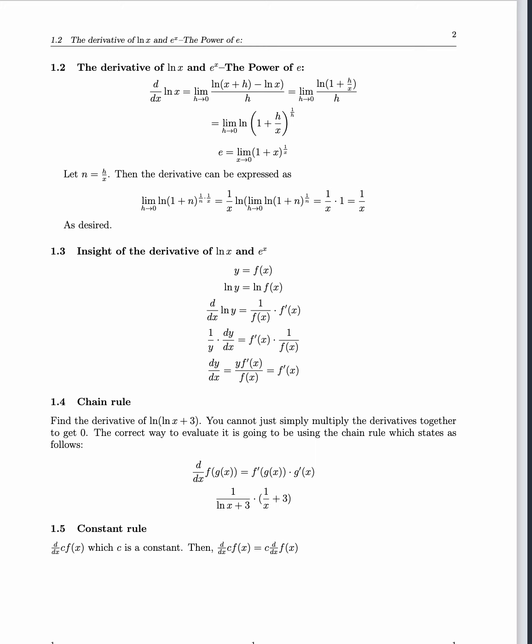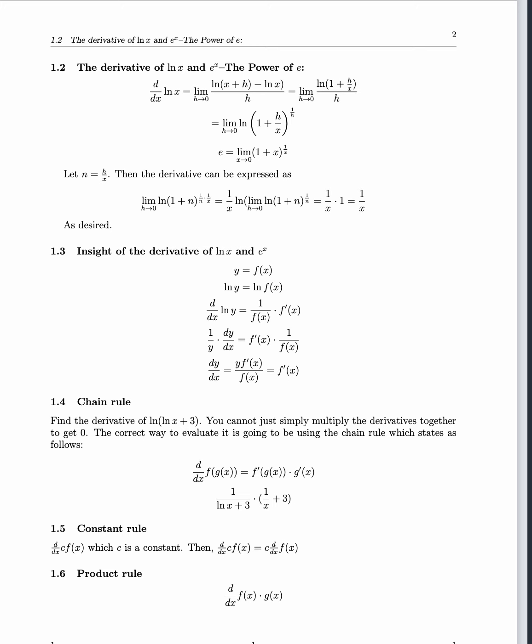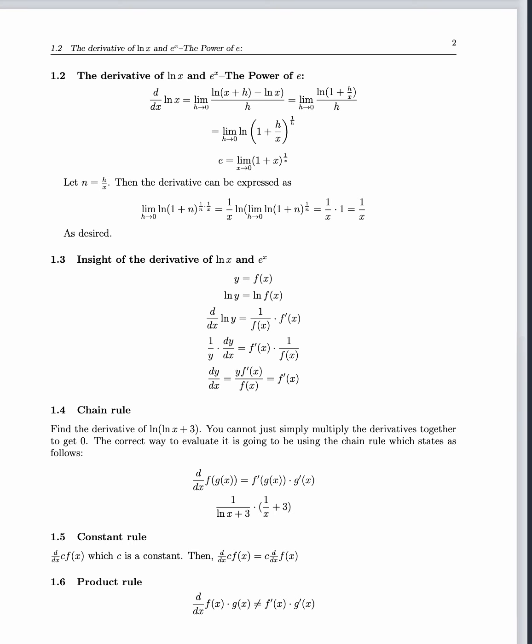Well, this letter might be too small, so I'm just going to make it bigger. It's not correct to evaluate it as this. Well, this seems to be simple, but it's not the correct case.